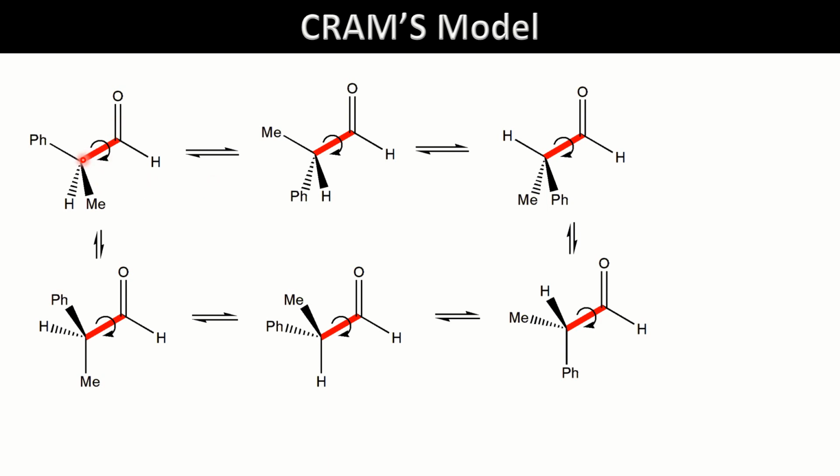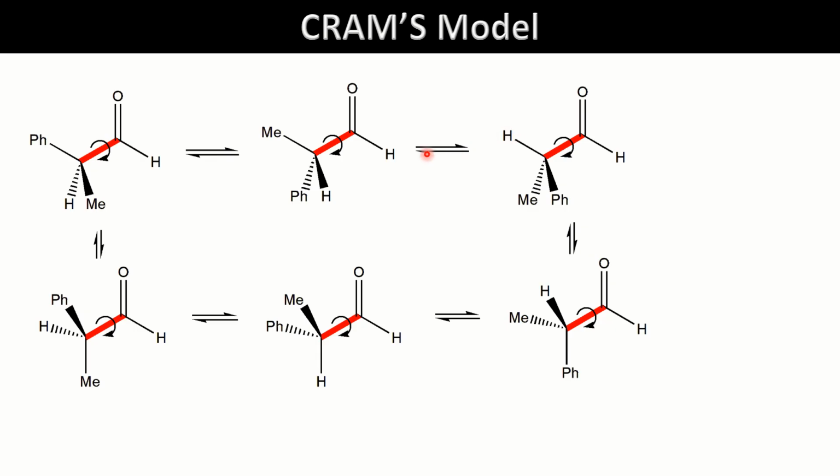Here, if you see all these three examples on the top, the carbonyl double bond is eclipsed with this group. In this, there is Ph. In this, Me. Then in this, there is hydrogen. But what Cram told, that this carbonyl double bond has to be in between the two groups, and that those two groups have to be of the least size.